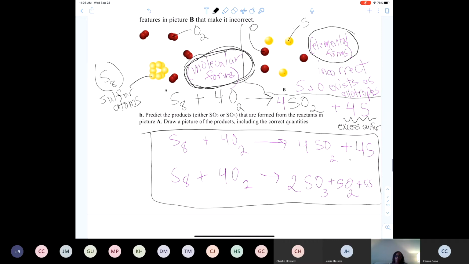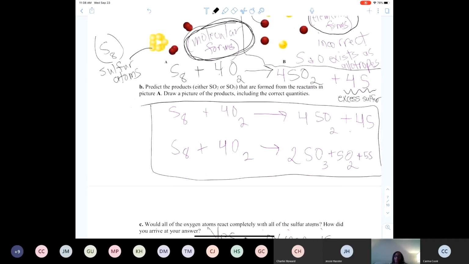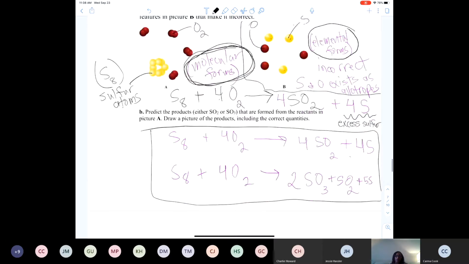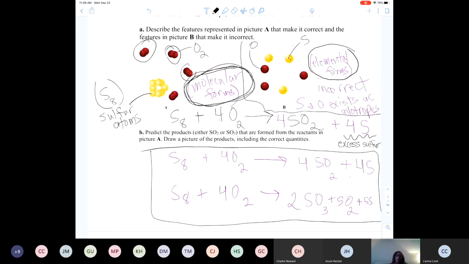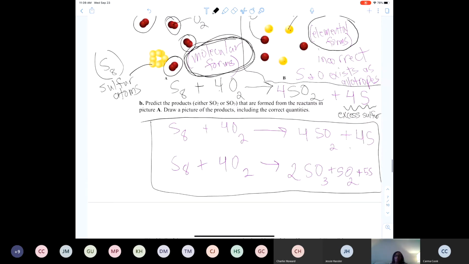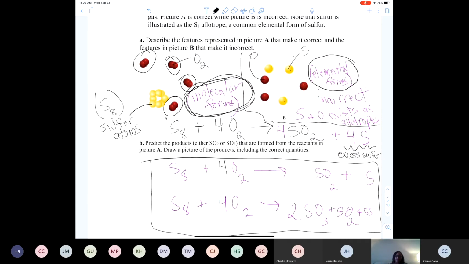And so in part B, in predicting the products of either SO2 or SO3, S8 will combine with the 4 oxygen molecules to form SO2. In balancing the equation, I'm going to show it unbalanced. In forming SO2, we know that we have 4 of the oxygen molecules available to react with 1 of the S8s, so we'll just put a 1 there for good measure.